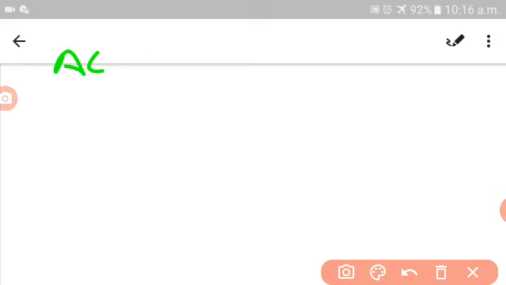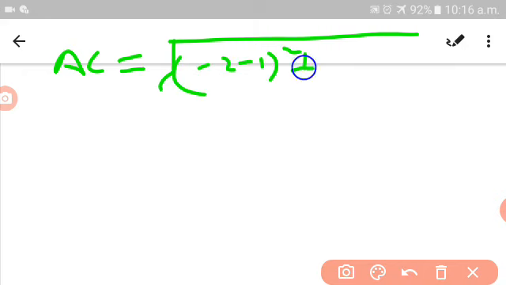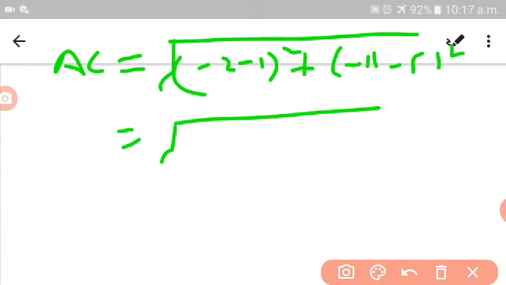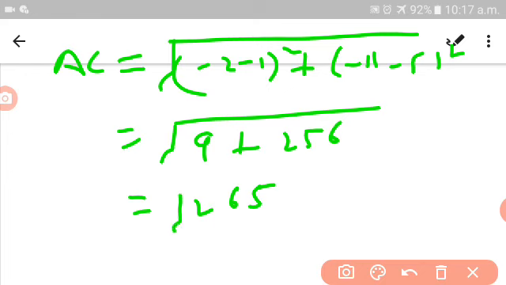When you find AC, that is the square root of (-2 minus 1) whole square plus (-11 minus 5) whole square. -2 minus 1 is -3, squared is 9, plus -16 squared is 256. So 9 plus 256 is 265, that is root 265.